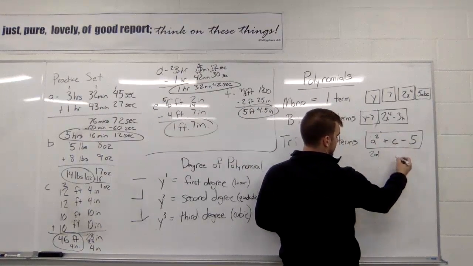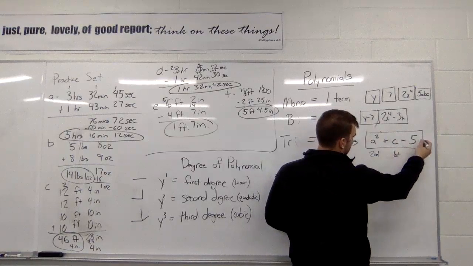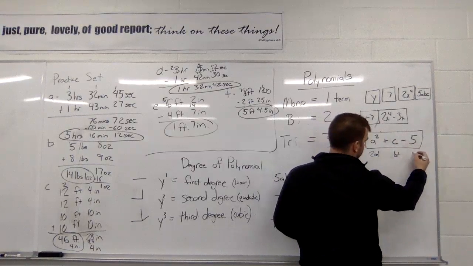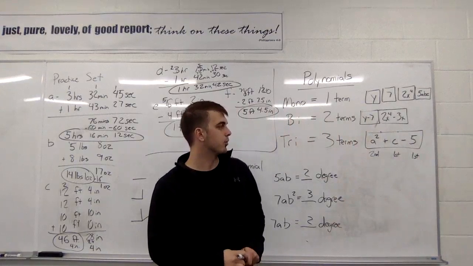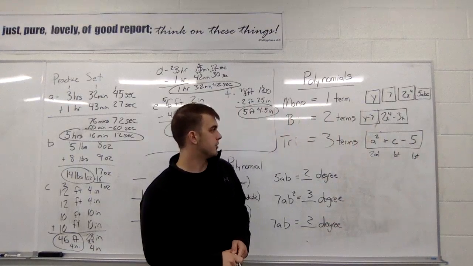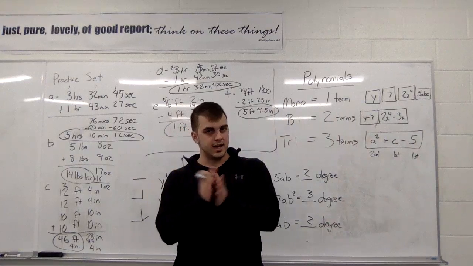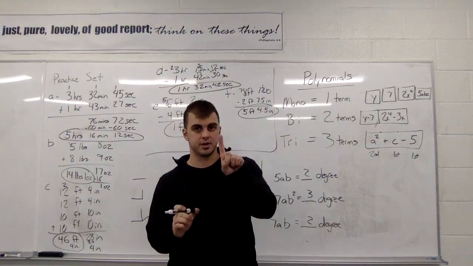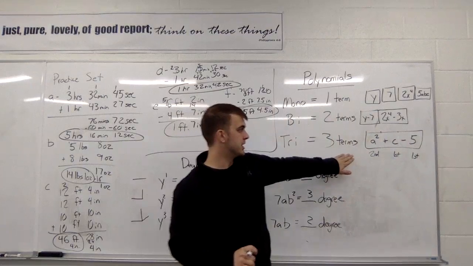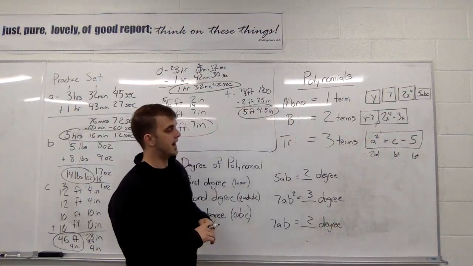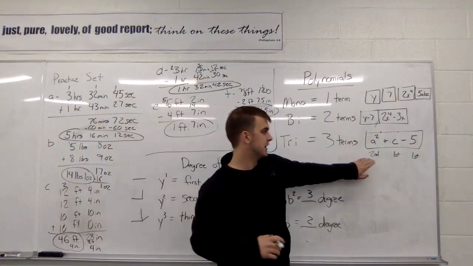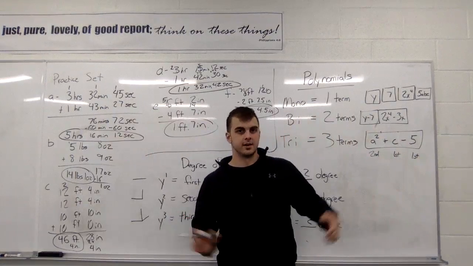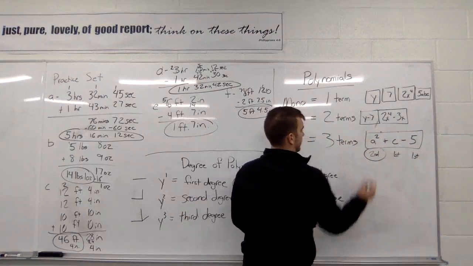C only has an understood 1, that's a first degree, and 5 has a 1 as well, so that's a first degree. What degree does this trinomial have, or what's the degree of the trinomial? And you're not going to add them together. Only if it's one term are you going to add together. What you're going to do here is take the highest one. Just take the highest one. You have a second, a first, and a first, so what degree is it? Take the highest one, it's second degree for that.